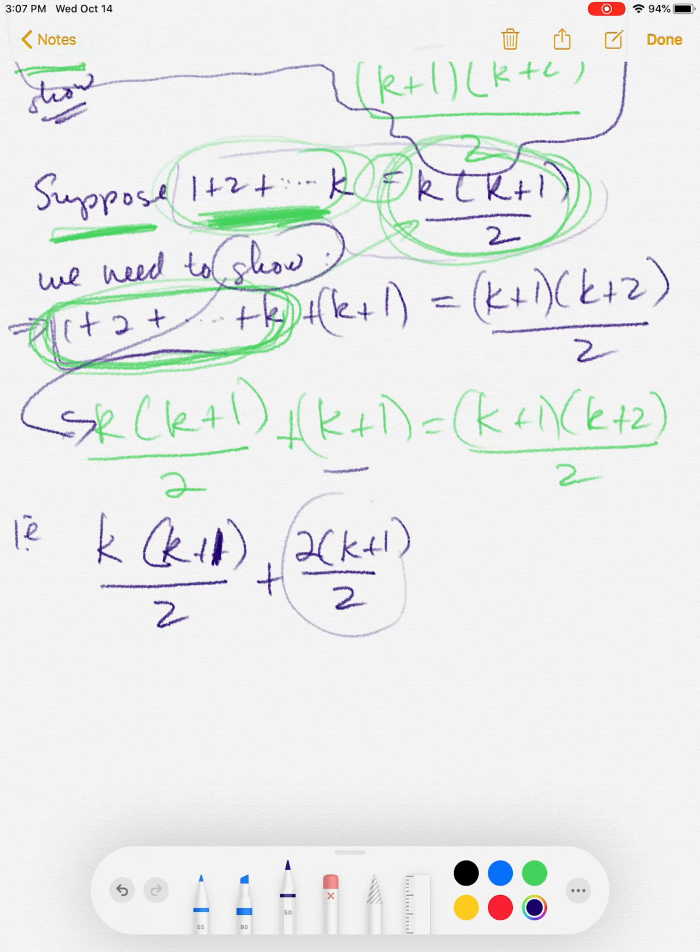So this equals that, because what I've done is I've multiplied that and then divided it by 2.